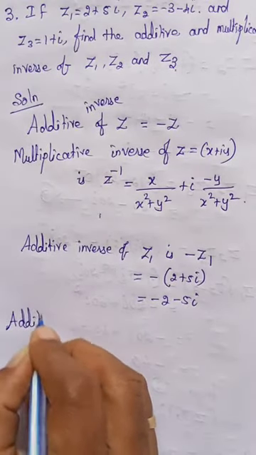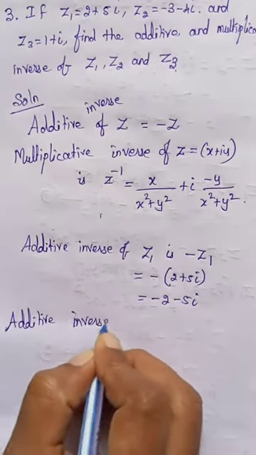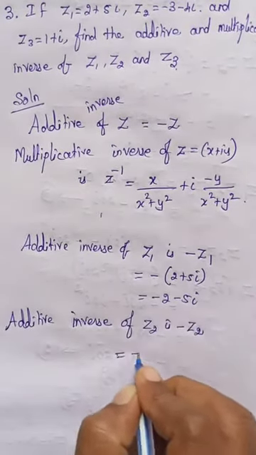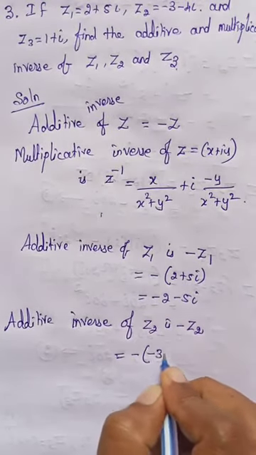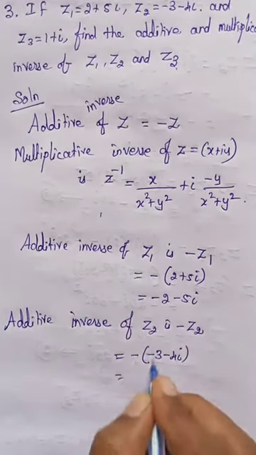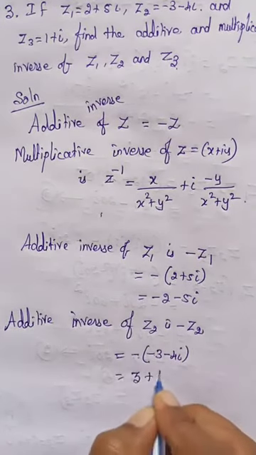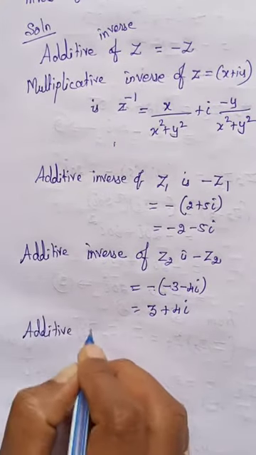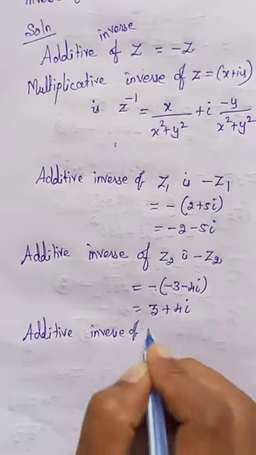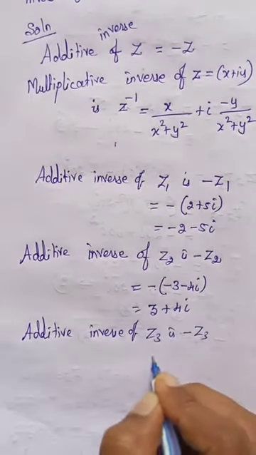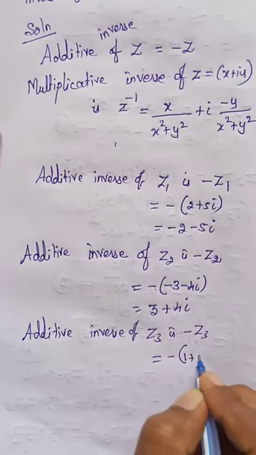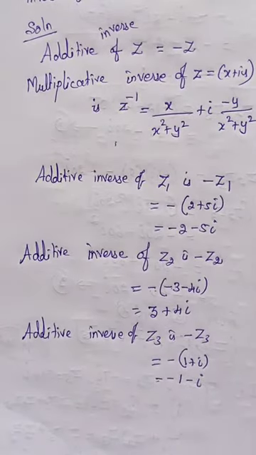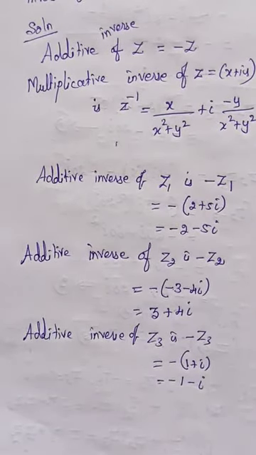Then the additive inverse of Z2 is minus Z2, where the value is minus 3 minus 4i. So we may get 3 plus 4i. Okay. The same way for the third one, the additive inverse of Z3 is minus Z3. The value is 1 plus i. So when we give the minus inside, minus 1 minus i. So the additive inverses for all 3 we have found.